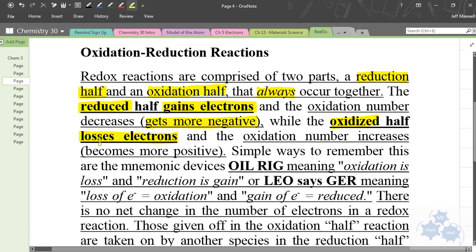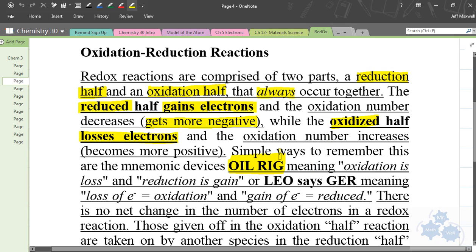The oxidized half loses electrons. So there are simple ways to remember this. One of them is this little mnemonic, OIL RIG. Oxidation is loss of electrons. Reduction is gain of electrons. That's an easy one to remember.